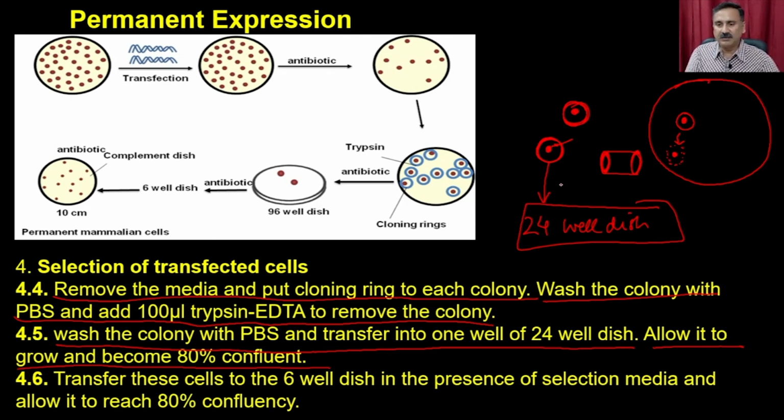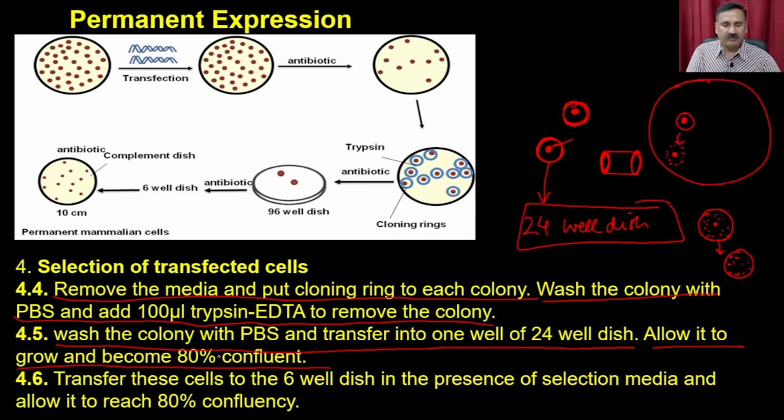So you put a cloning ring on this, take out this cell, and put it into a small well, like a 24-well. In that case, the concentration of the growth factors it is secreting is very high, and that's how it's going to grow and become confluent. It's going to grow in large quantity and become confluent.